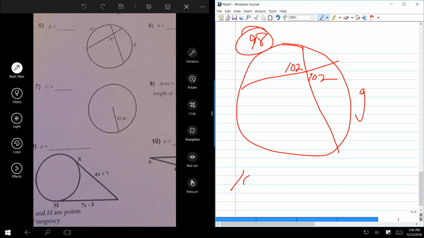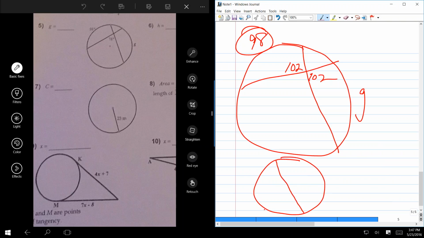So I can say 102 equals 1/2 of 98 plus G, and then I can solve for G. G is 204 minus 98, so 106.